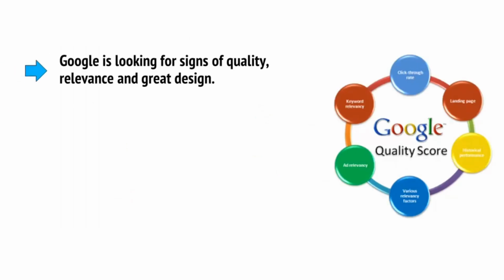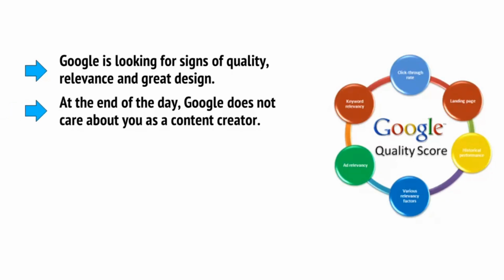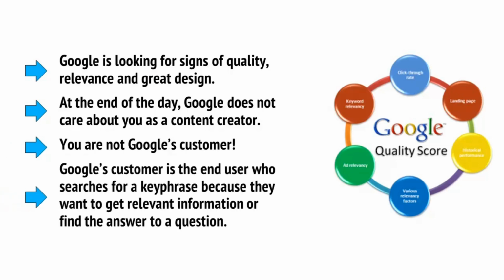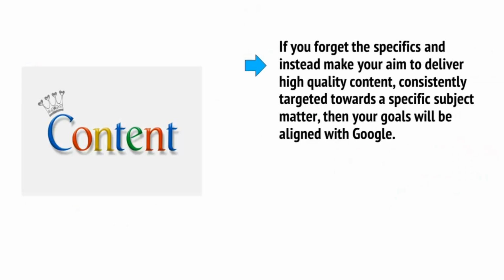At the end of the day, Google does not care about you as a content creator. You're not Google's customer. Google's customer is the end user who searches for a key phrase because they want to get relevant information or find the answer to a question. So, if you forget the specifics and instead make your aim to deliver high quality content consistently targeted towards a specific subject matter, then your goals will be aligned with Google.